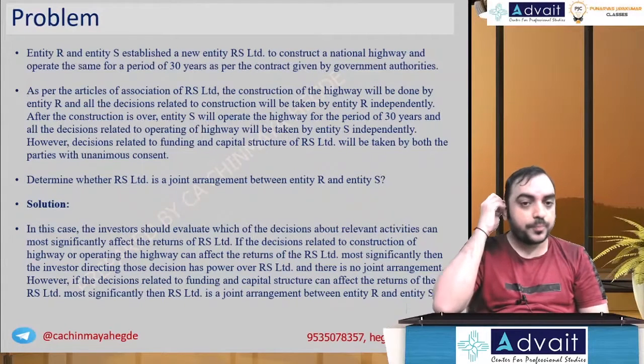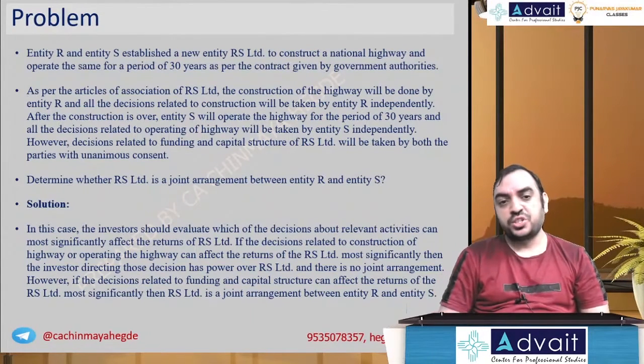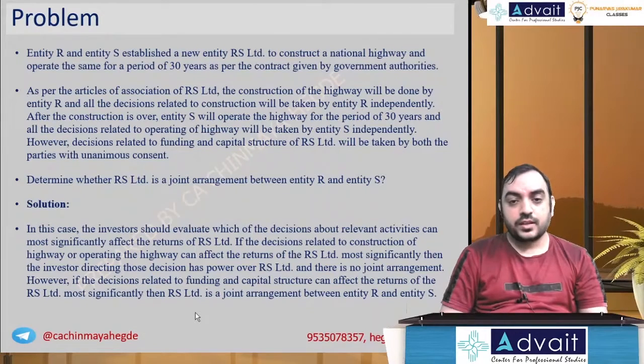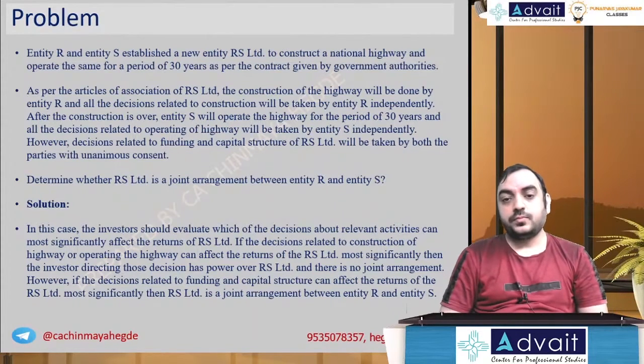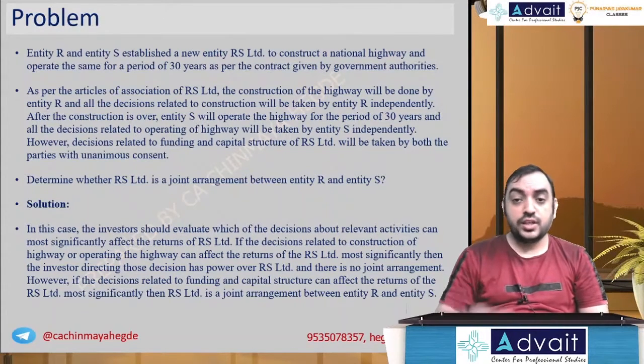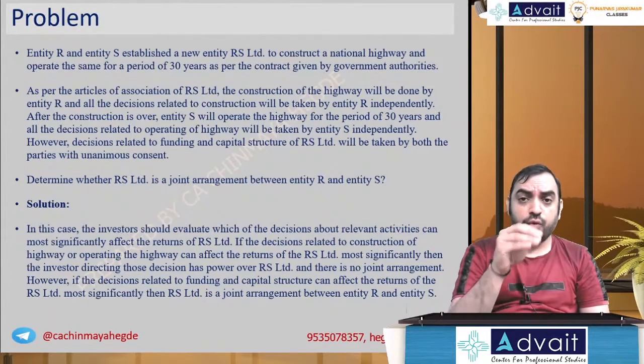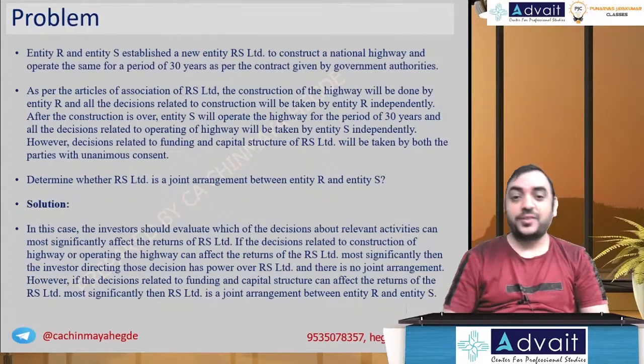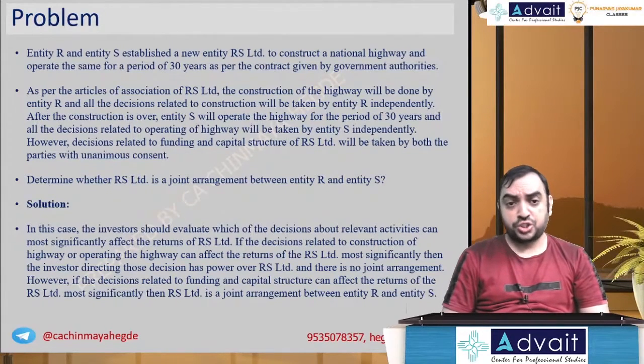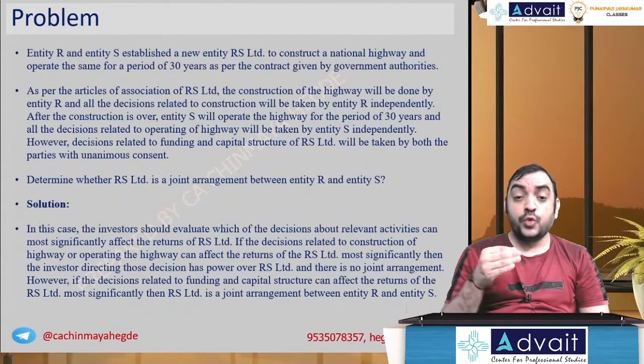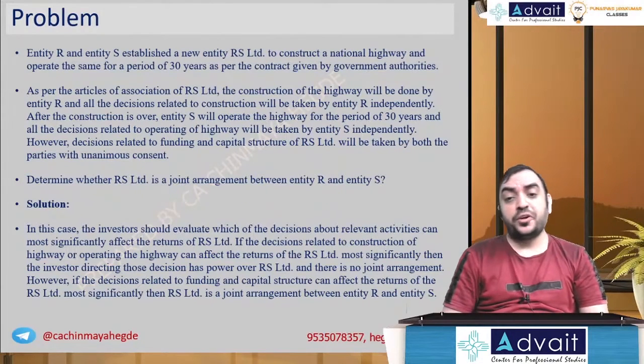Anyway, we'll read further. As per the Articles of Association of RS Limited, the construction of the highway will be done by entity R, and all the decisions related to the construction will be taken by entity R independently. So entity R will take the construction part of it. After construction is over, S Limited will operate the highway for a period of 30 years.